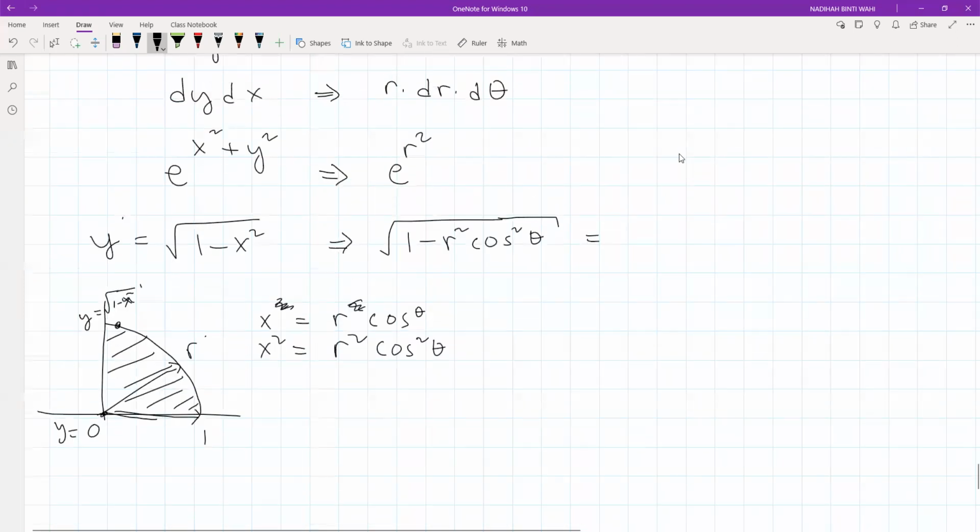In this case it is r squared sine squared theta. Sorry, this is r sine theta.